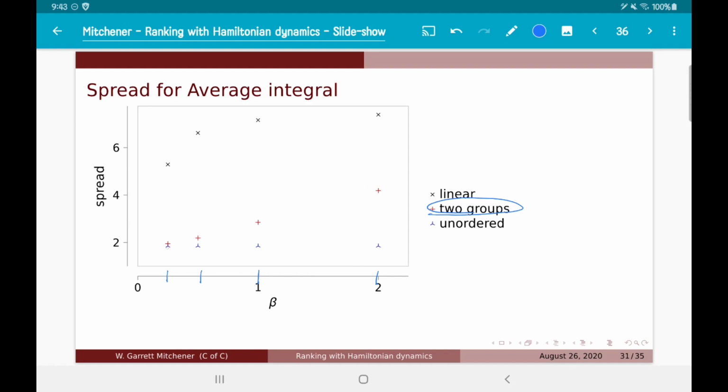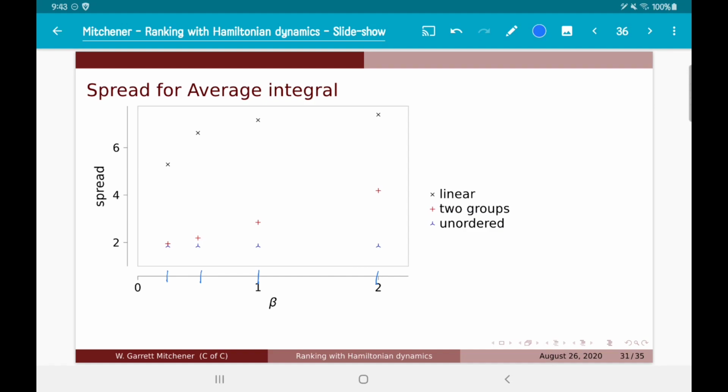Now, this line is for the unordered data. So this is where all the items have the same strength. Beta doesn't matter because all the items have the same strength. The probability of upsets doesn't even make sense. Every particle is just 1/2 against all of the others. And so you're seeing a consistent low spread for all of those samples.